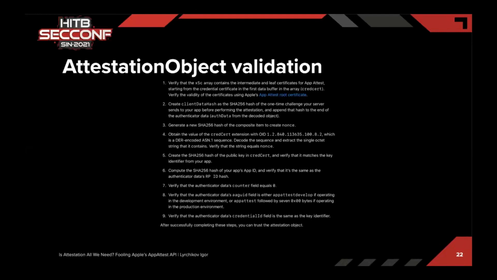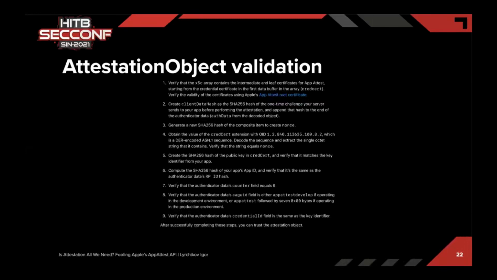Then you need to verify the AAGUID field. It's either "appattestdevelop" if operating in the development environment, or "appattest" followed by 7 zero bytes if operating in the production environment.